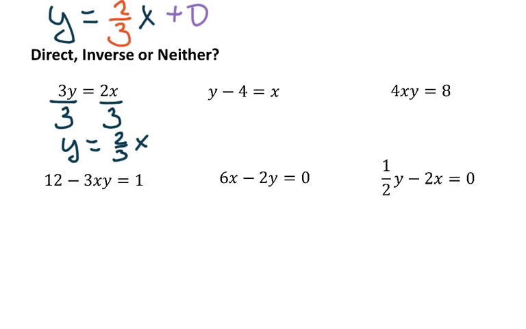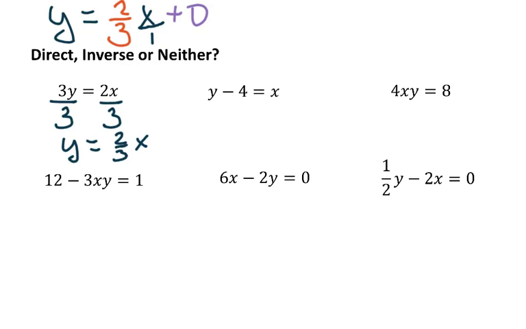So you will notice the important concept here is the x is a whole number. It is not in the denominator. So this now is a direct variation, not an inverse.